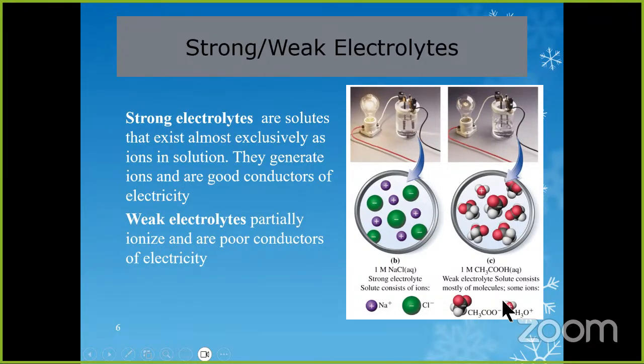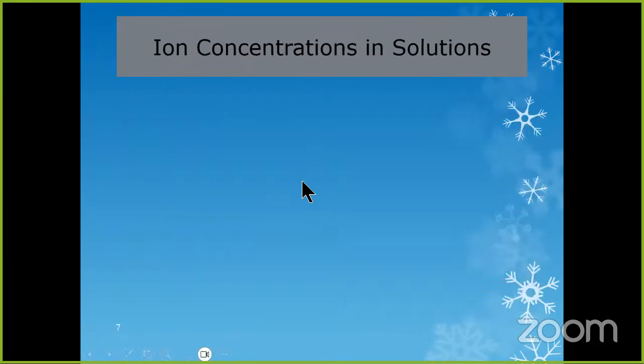The concentration of the ions in this solution will be relatively low, and therefore it will not conduct electricity as well as sodium chloride, provided that everything else is the same, including concentration. So those are the three types of electrolytic solutions that we just learned: weak electrolytes, strong electrolytes, and then the extreme of non-electrolytes.